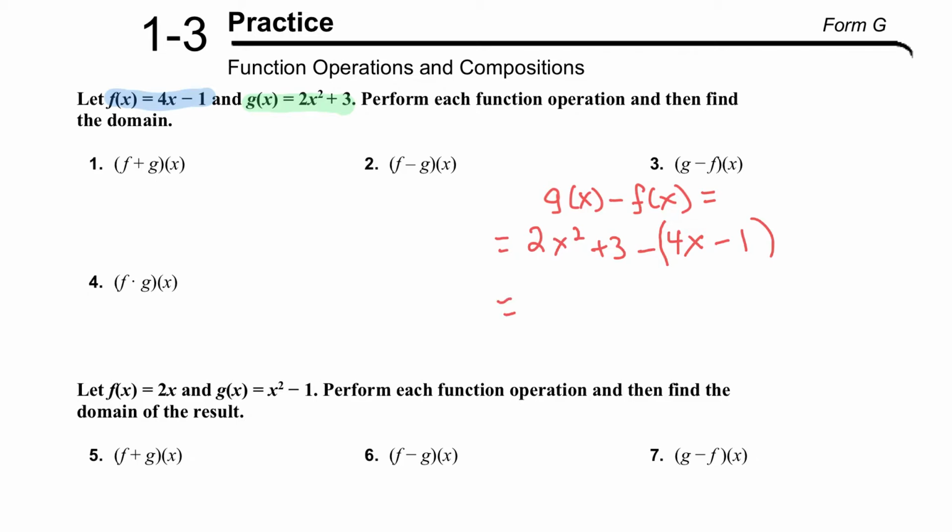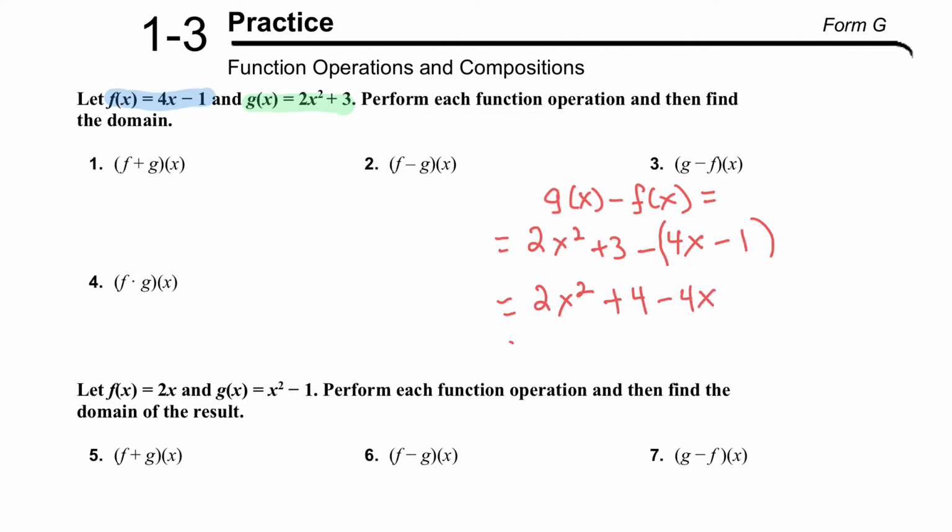Now, what you want to do is scan: do I have another x squared? I don't. So you're going to write 2x squared, 3 minus a negative 1, that becomes positive. So it's actually plus 4, and then you have a minus 4x.